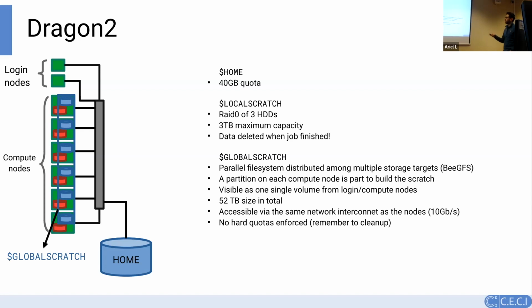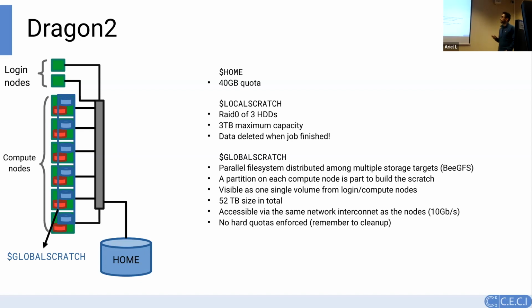So you still have the local scratch, the local storage space on each compute node, which in this case is built of array 0 of 3 hard disks, and you have 3 terabytes available on each compute node.